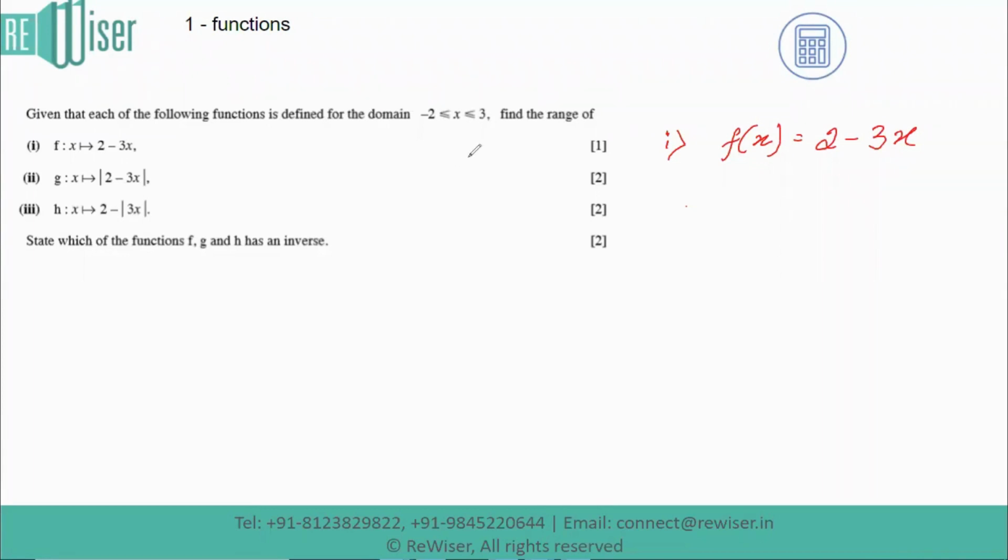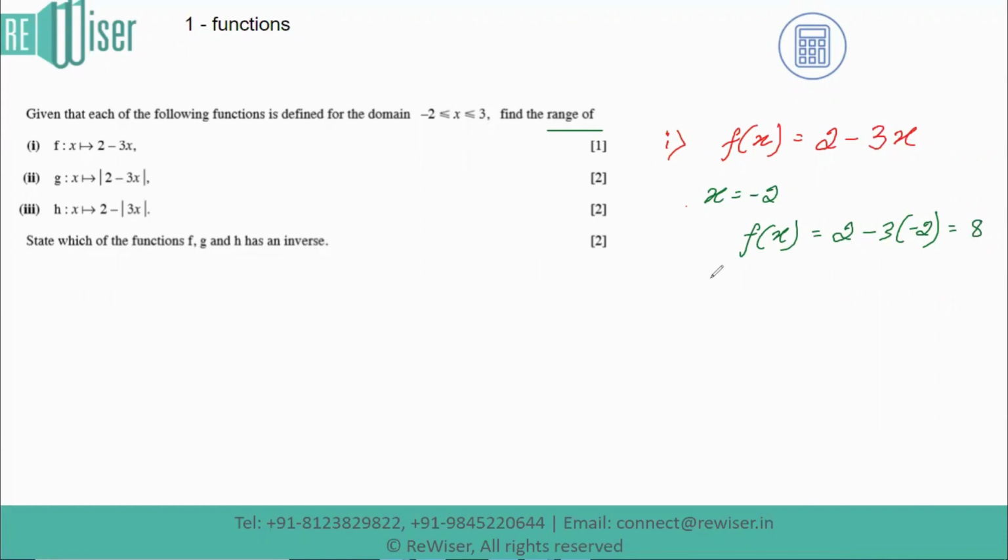So in that case, if I talk about when x is minus 2, what are the possible values of the function, which is y? Whenever I talk about the range of any function, that is the possible values of the y coordinate. So when you substitute x as minus 2, f of x is equal to 2 minus 3 times minus 2, which is nothing but 2 plus 6, which is 8.